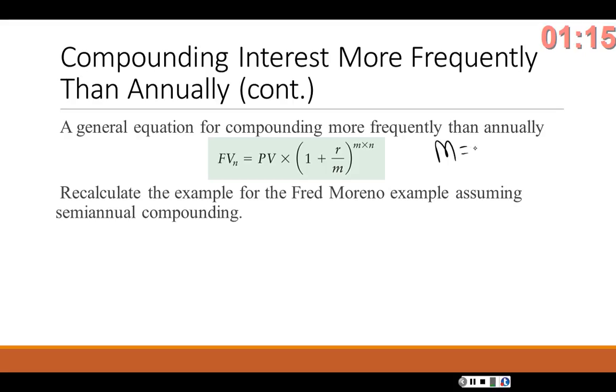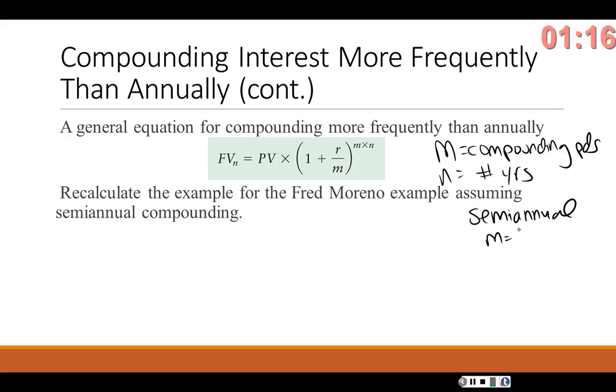So M is compounding periods, and N is number of years. If we were looking at semi-annual, M would be 2. If we're looking at quarterly, M would be 4. Monthly, M would be 12. So M is the number of compounding periods within the year, and N is the number of years.